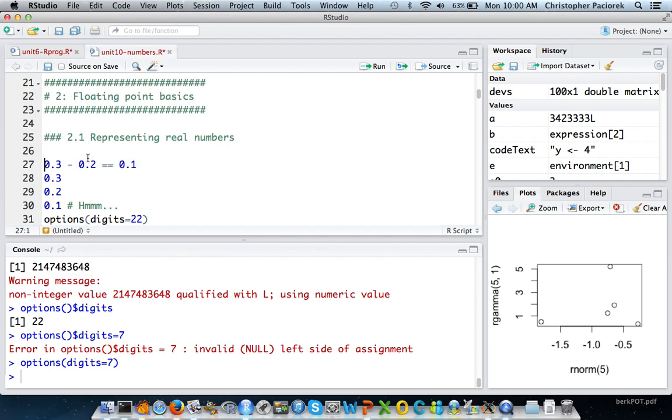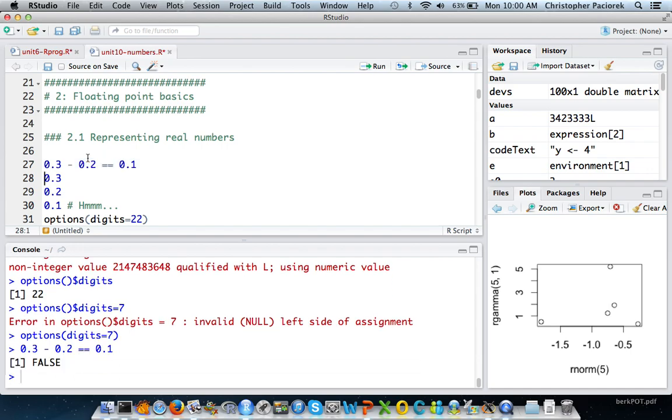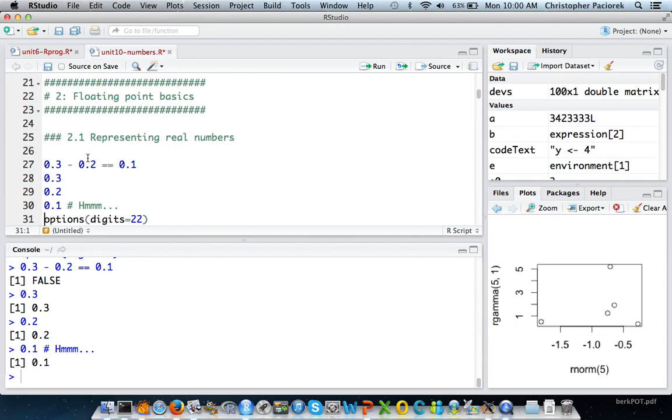So if I actually do this calculation, it says the difference between 0.3 and 0.2 is not 0.1. And yet if I just print out the values 0.3, 0.2, and 0.1, it says, yep, 0.3, 0.2, 0.1. So I will leave you with the disturbing possibility that R is fundamentally broken. And we'll see that it's not next time.